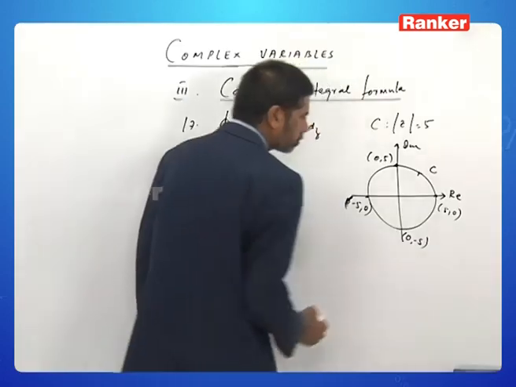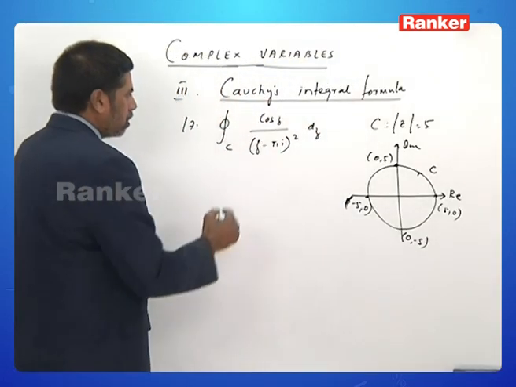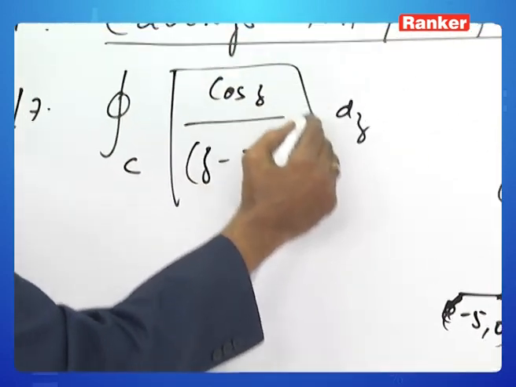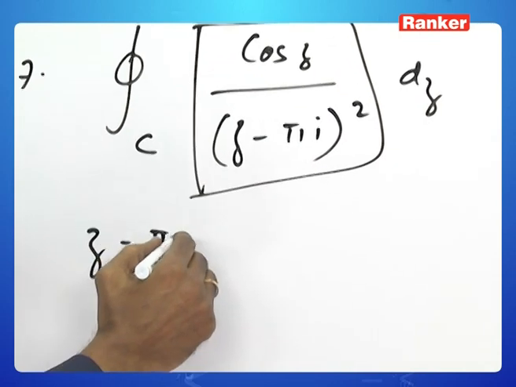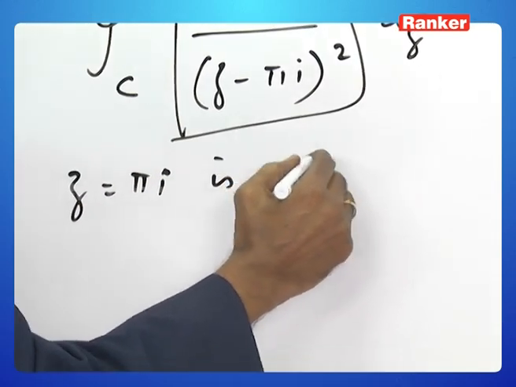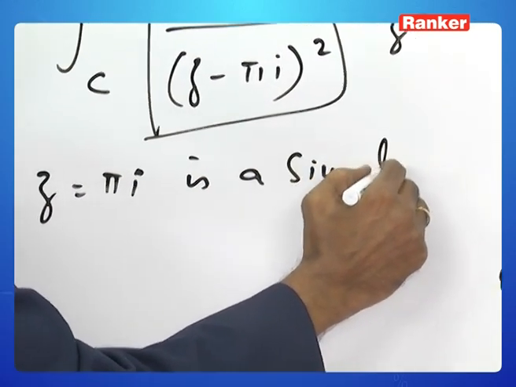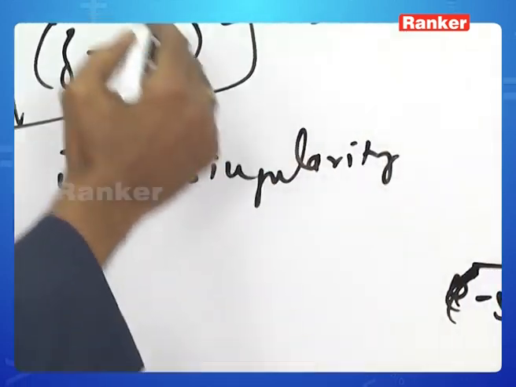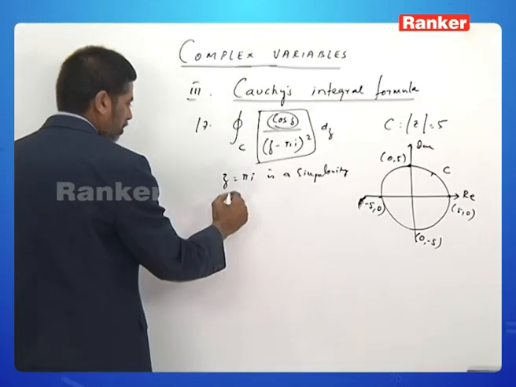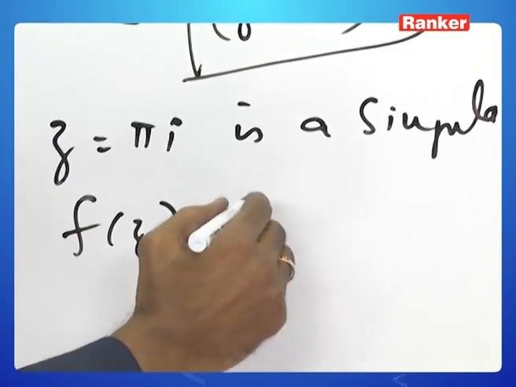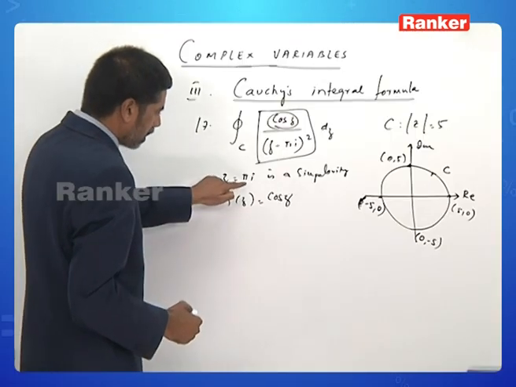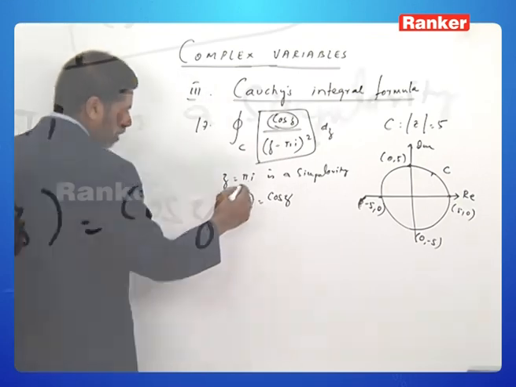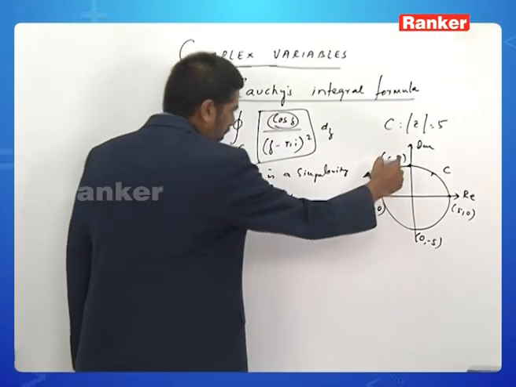This function has a singularity at z is equal to pi I. You take the numerator as f of z. Now, how do you understand z is equal to pi I? Pi I means along the vertical direction.